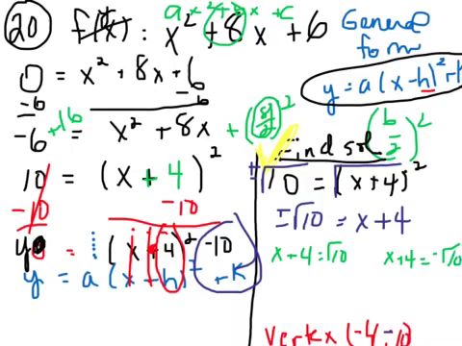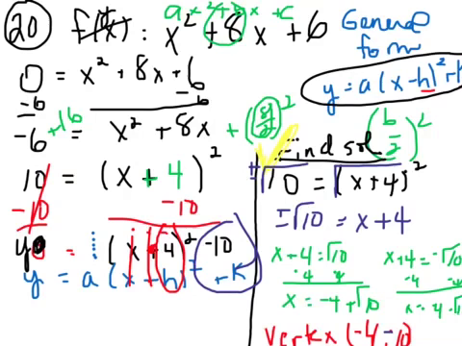There's two answers here. So I subtract 4 from both sides. I'll just do that on both equations. So x is equal to negative 4 plus square root of 10, and x is equal to negative 4 minus square root of 10.